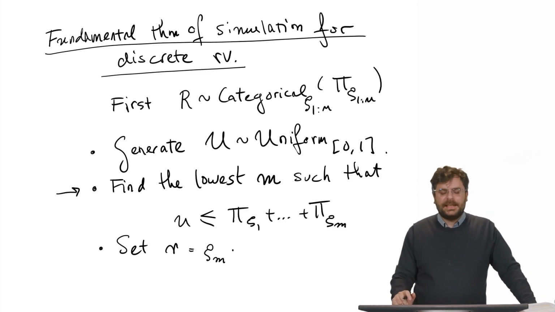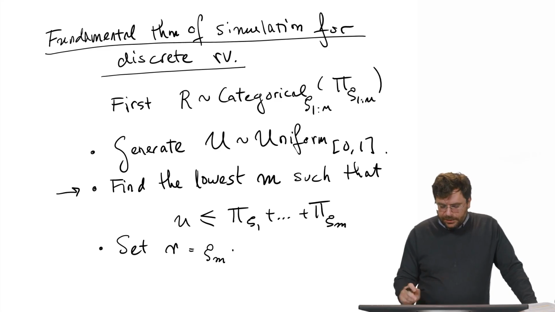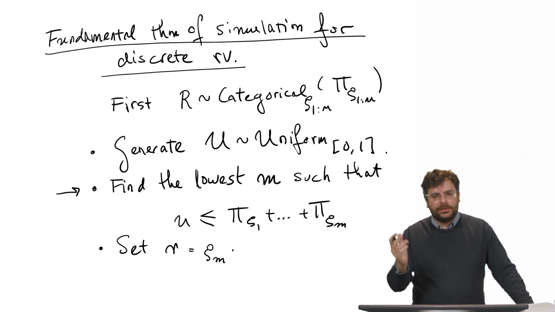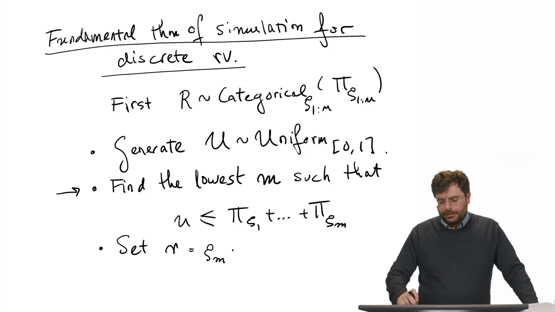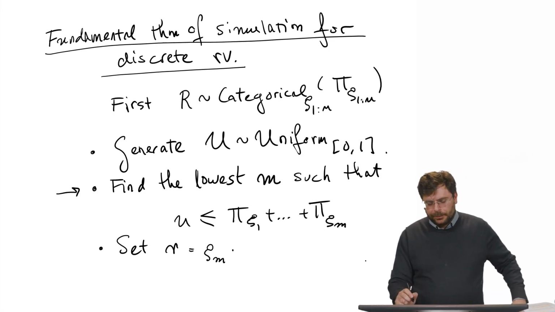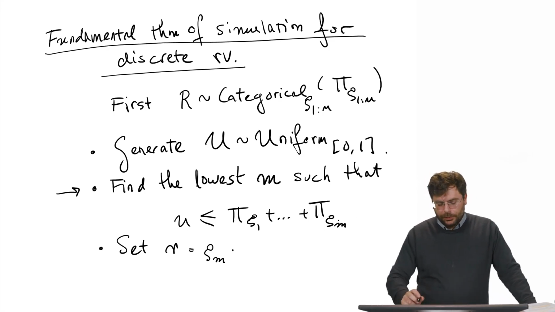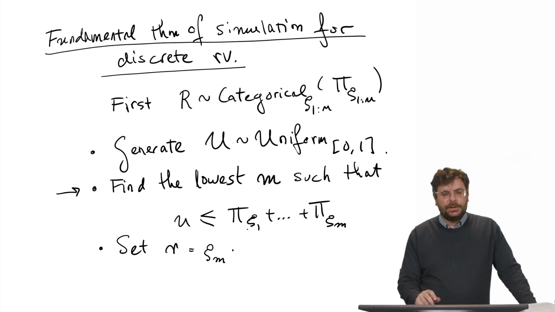This here's the key step. So first things first, this key step, at least naively implemented, will require a for loop of some kind. And we will walk through the Google Colab for the class shortly. But briefly, this will require a for loop because I have to compare u to pi rho 1. And if u is greater than pi rho 1, then I have to keep going. I have to compare u to pi rho 1 plus pi rho 2.